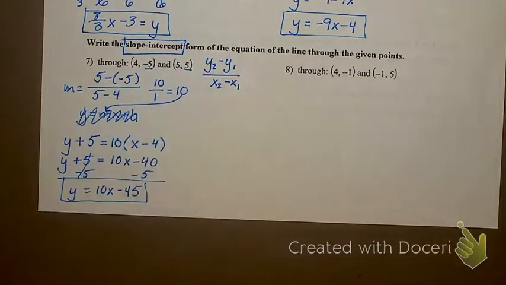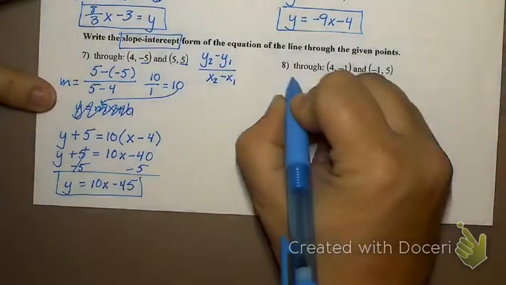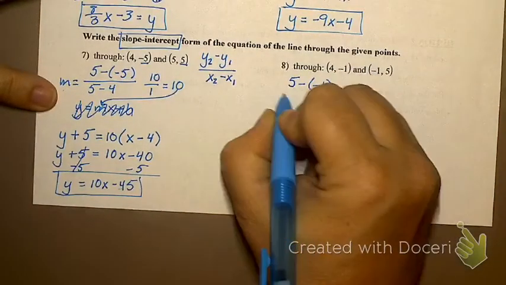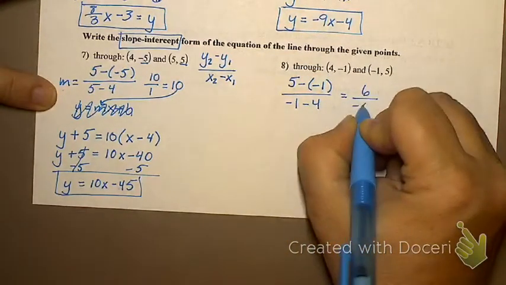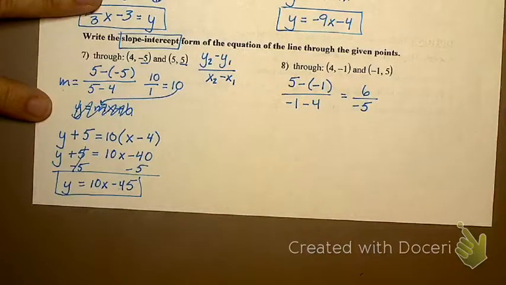Find the slope using the y2 minus y1 thing. Did I do that right? Yeah, you did it right.